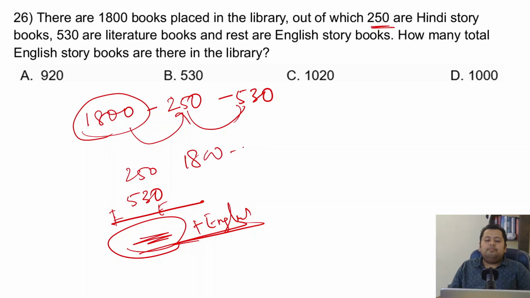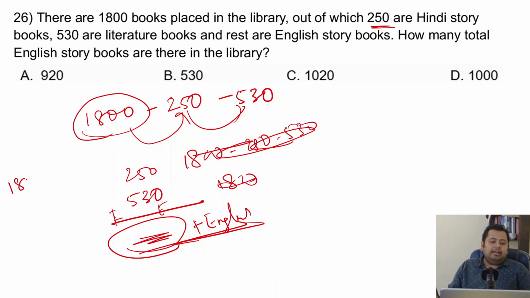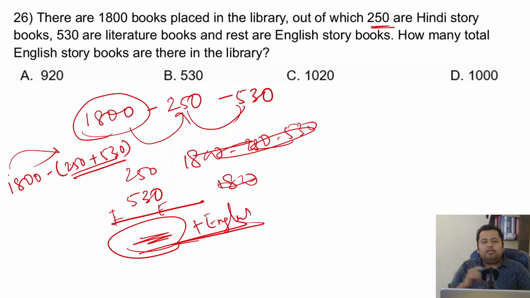So 1800 minus 250 minus 530, or you can also say 1800 minus the sum of 250 plus 530. So do the addition first and then subtract this from 1800, and you will get the answer. Again, go to the comment section, let me know what the correct answer is.